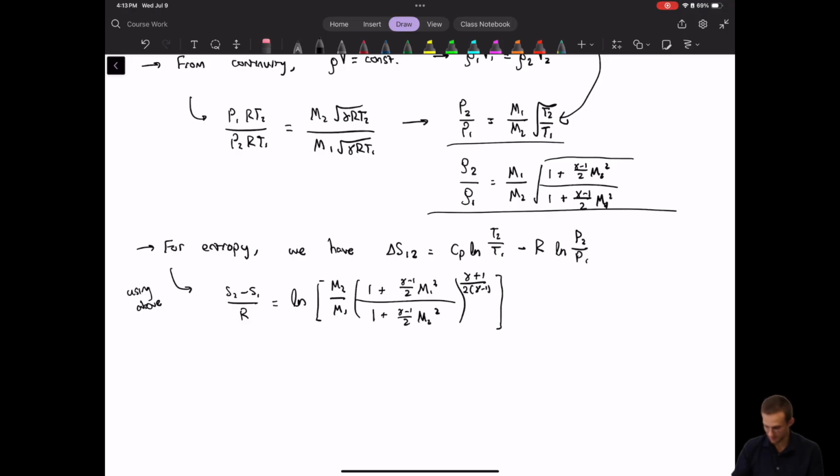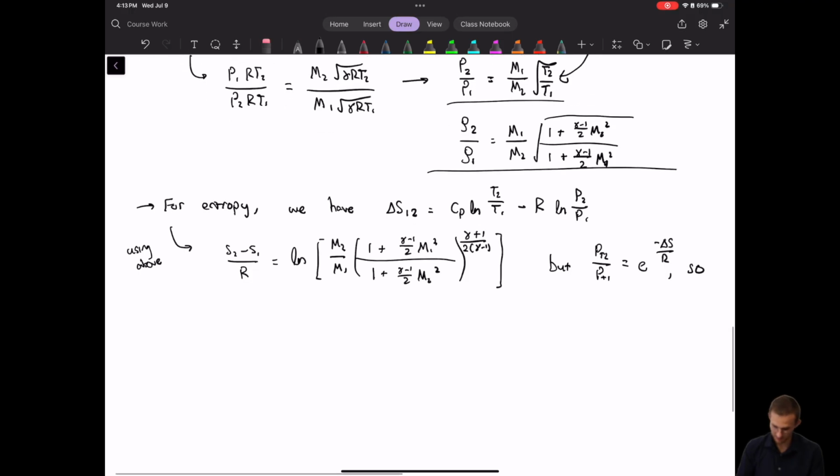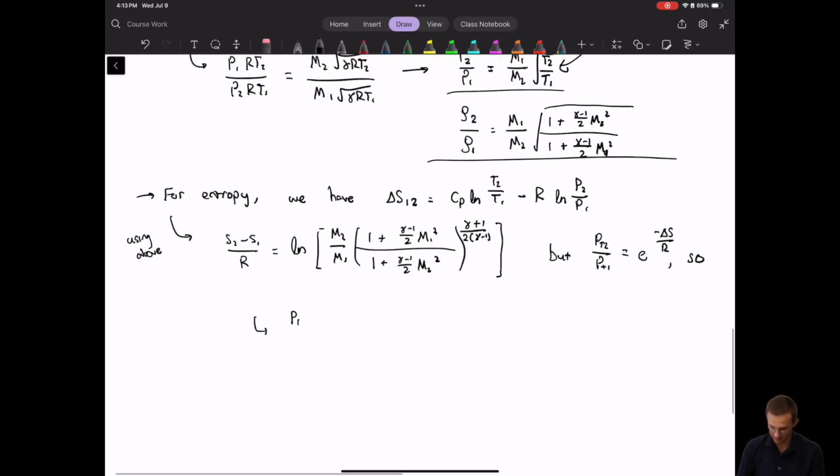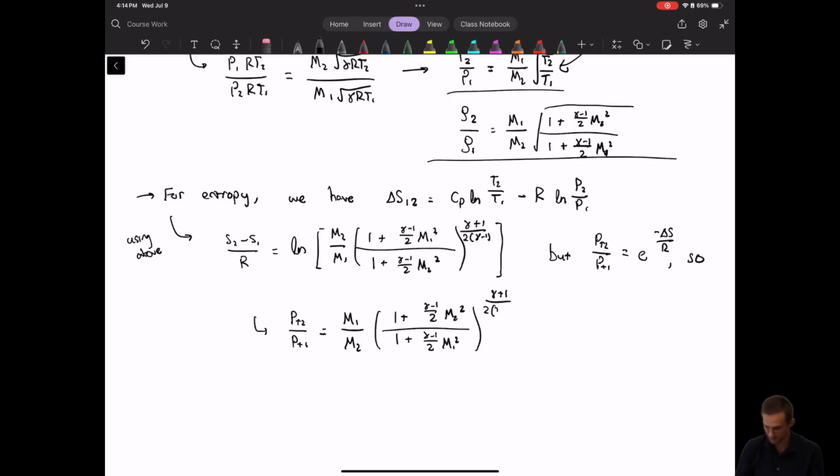Okay? But we also know that PT2 over PT1 is equal to e to the negative delta s over R. So in addition to that equation, we also get that PT2 over PT1 is equal to M1 over M2 times the quantity 1 plus gamma minus 1 over 2 M2 squared over 1 plus gamma minus 1 over 2 M1 squared, with that quantity raised to that same exponent, gamma plus 1 divided by twice the quantity gamma minus 1.